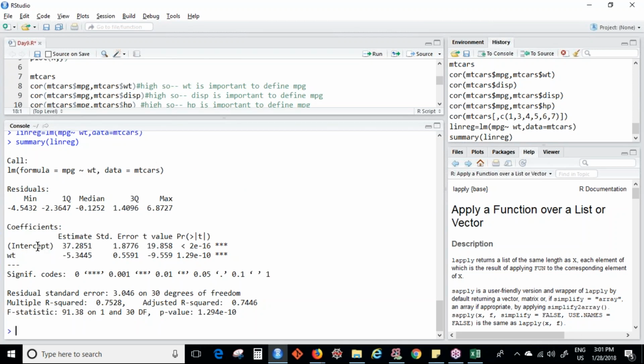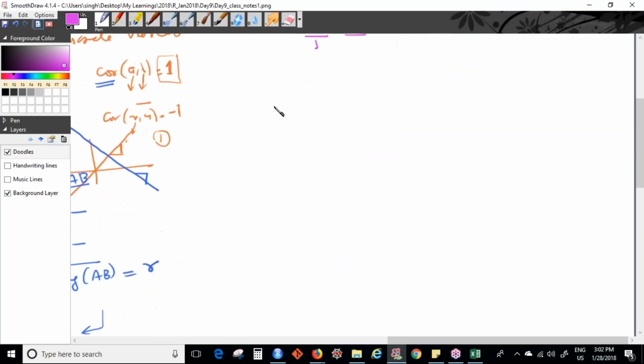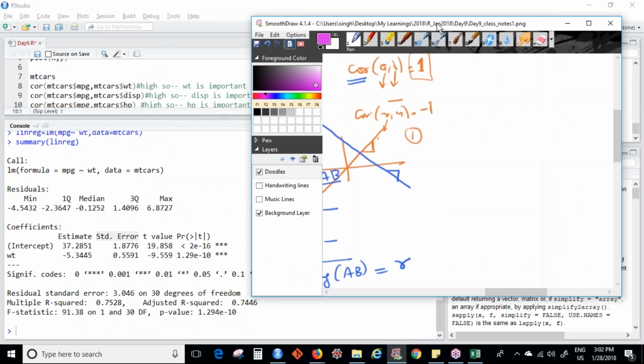Okay. Now what is the standard error? To understand the standard error, we will have to go back to our t-test. And what did the t-test tell us?